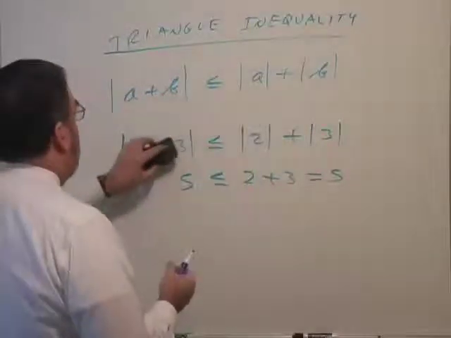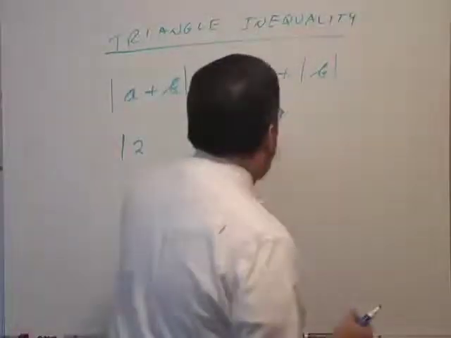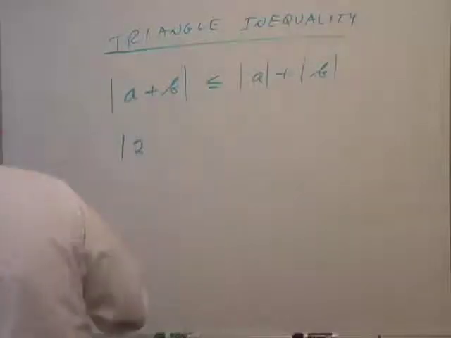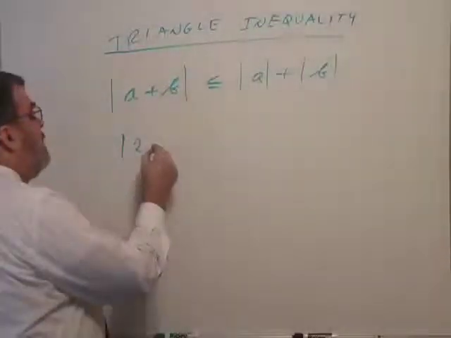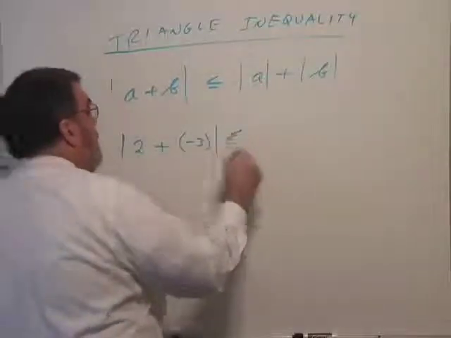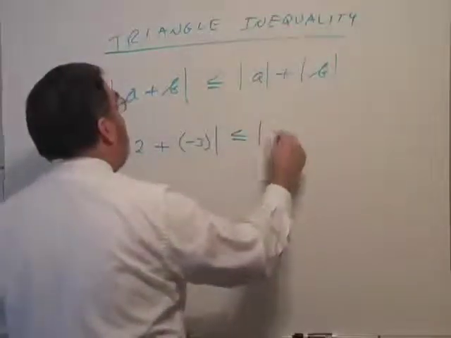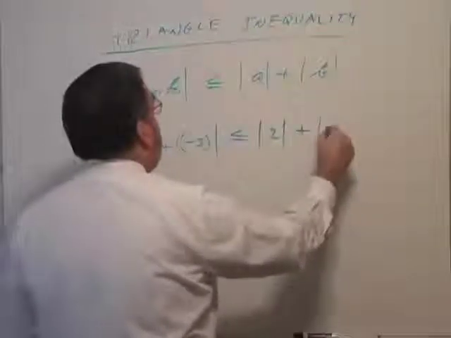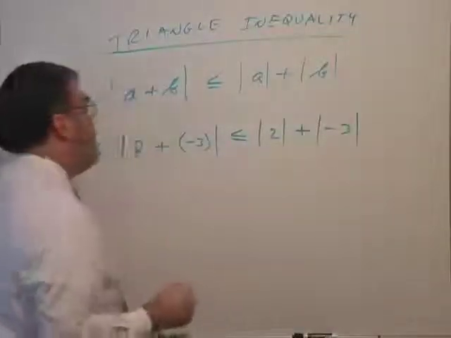So let me change this. Suppose that a was 2, but b was negative 3. So the absolute value of 2 plus negative 3 is supposed to be less than or equal to the absolute value of 2 plus the absolute value of negative 3.